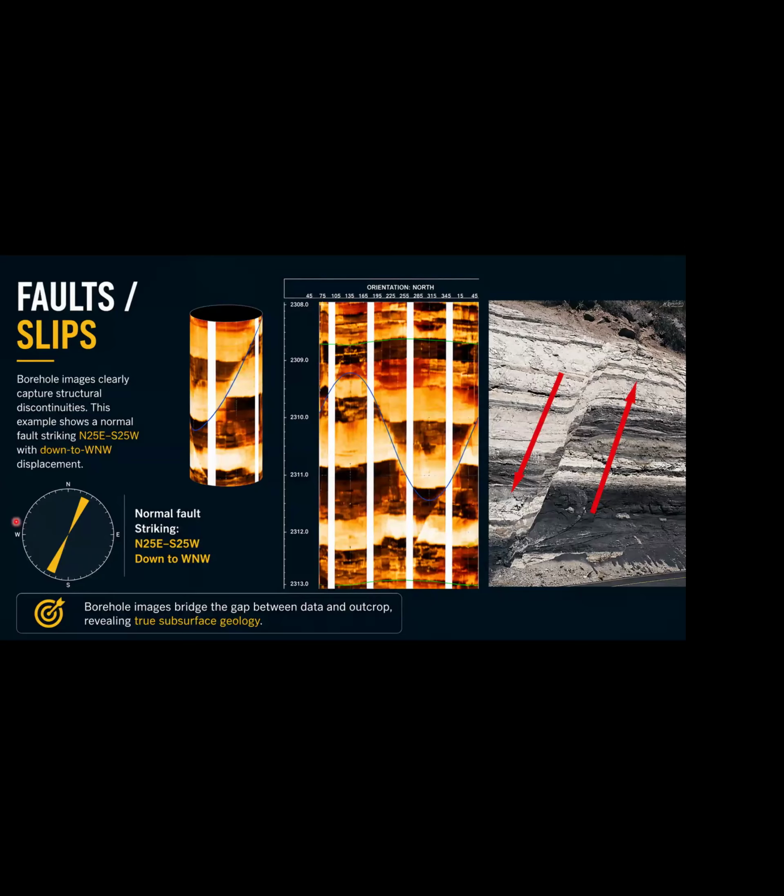This is just from this rose diagram, but it's easy when you put it here. We can see this trough, which indicates the direction of dip.